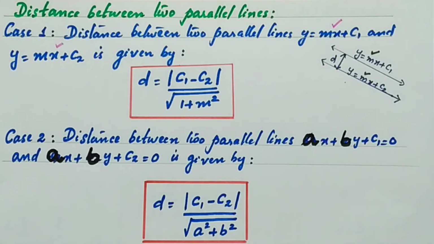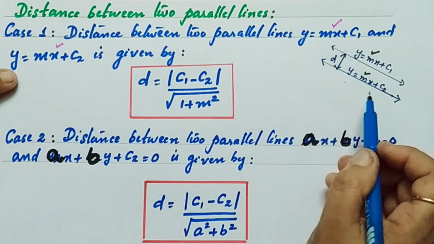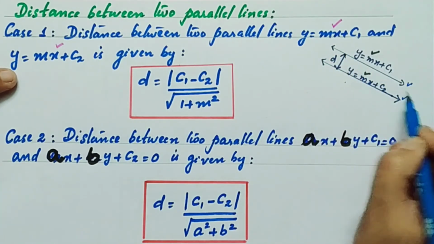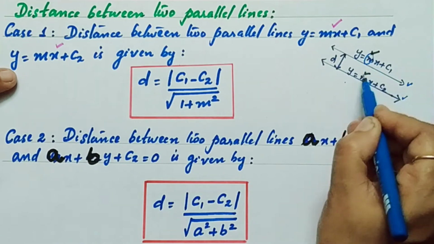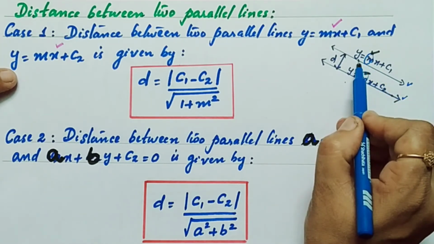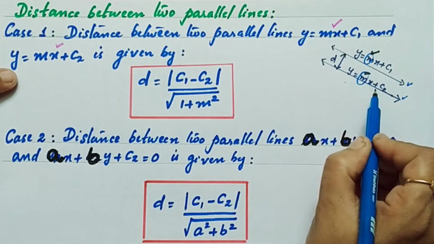Now, if you want to find the distance between two parallel lines, we have another formula. The case one is that if the parallel lines are given in the form y equal to mx plus c, you know that if two lines are parallel, their slopes are equal, so we represent both the slopes with m. Suppose the first line is y equal to mx plus c1 and the second line is y equal to mx plus c2.